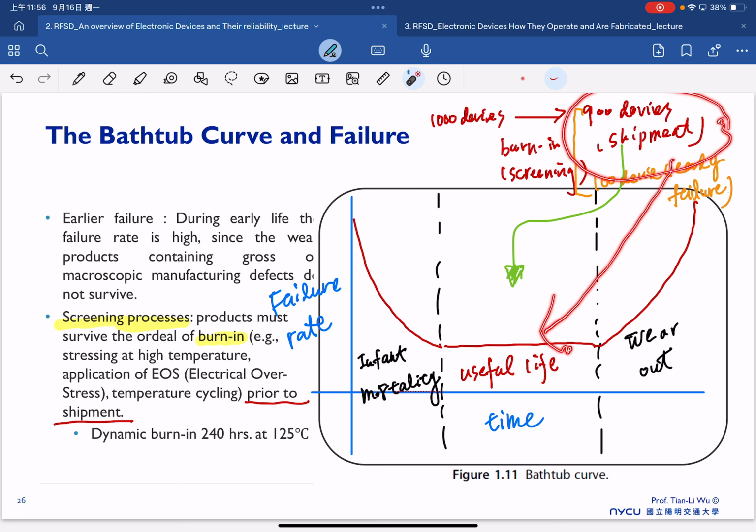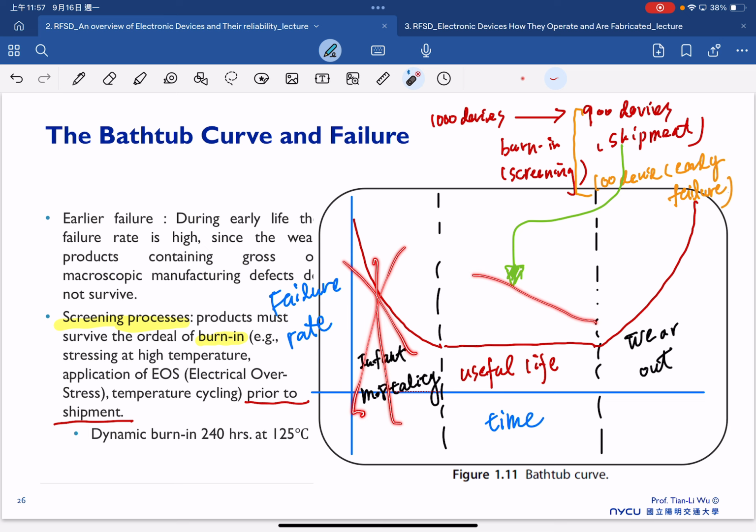useful lifetime. So if you look at the literature, you will find out that there are thousands of papers talking about how to conduct a good burn-in test to filter out these devices, to prove that the device is good enough for the useful lifetime.